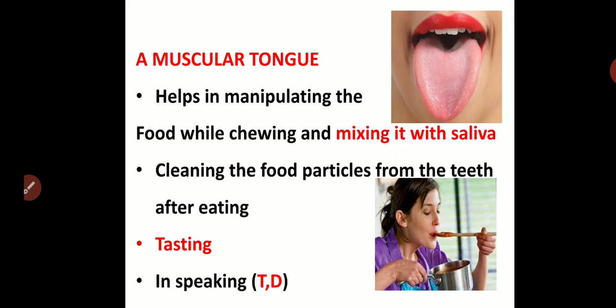Then coming to the next part, that is the buccal cavity. The cavity which is present inside the mouth is called the buccal cavity. And inside the mouth you have the upper side of the cavity which is called the palate.